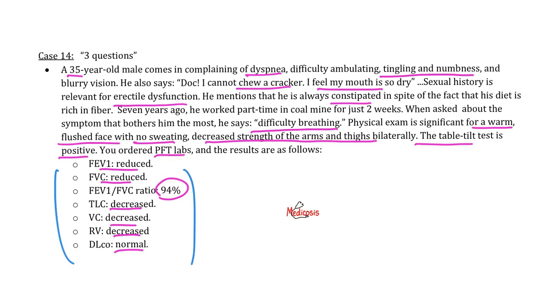Based on the respiratory function test, this patient has restrictive lung disease, not obstructive but restrictive. Now, is it intrinsic restrictive or extrinsic restrictive? Since the DLCO is normal, it is extrinsic restrictive, meaning do not blame it on the lung because it's not intrinsic. It's not the lung's fault.